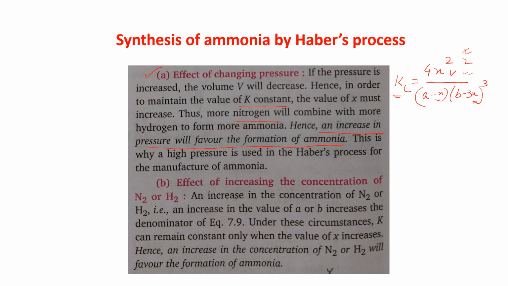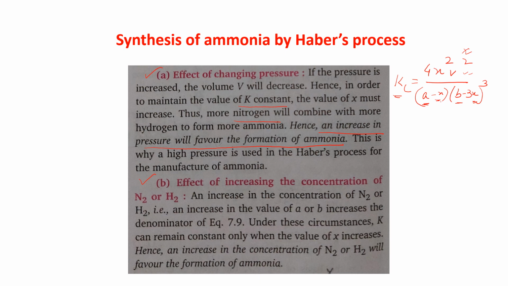Now, number B, effect of increasing the concentration of N2 and H2. An increase in the concentration of N2 or H2, an increase in the value of A or B, increases the denominator. Under these circumstances, how to maintain the constant value for K?